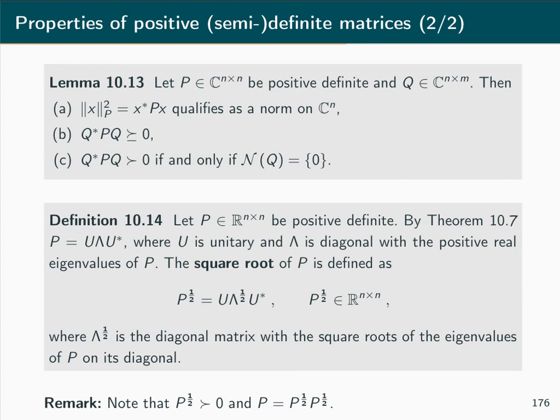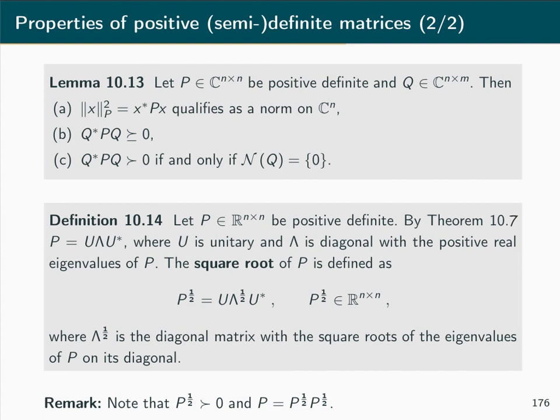Based on the spectral mapping theorem, we can hence define the square root of P as P to the 1/2, which is equal to U times lambda to the 1/2 times U star, where lambda to the 1/2 is a diagonal matrix that contains the square roots of the eigenvalues of P on its diagonal.